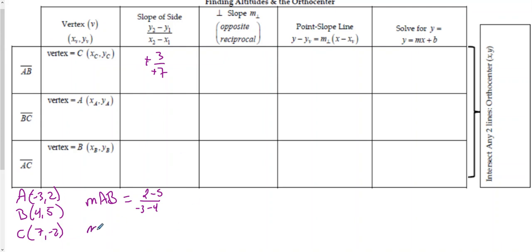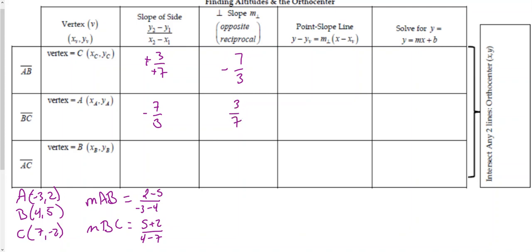And then we could also find the slope of BC, and that's going to give me 5 minus negative 2 over 4 minus 7, and that gets me 7 over negative 3, or negative 7/3. Remember, those are the slopes of the sides. Our altitudes need to be perpendicular, so we're just going to flip those into a negative 7 over 3 and a positive 3 over 7.